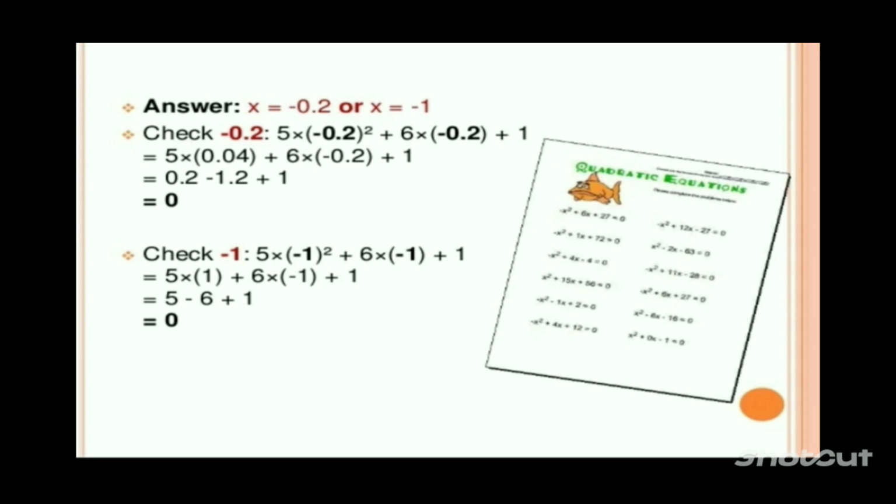Then the other one, negative 1: 5 times negative 1 squared plus 6 times negative 1 plus 1 equals 5 times 1 plus 6 times negative 1 plus 1, which equals 5 minus 6 plus 1, which equals 0.